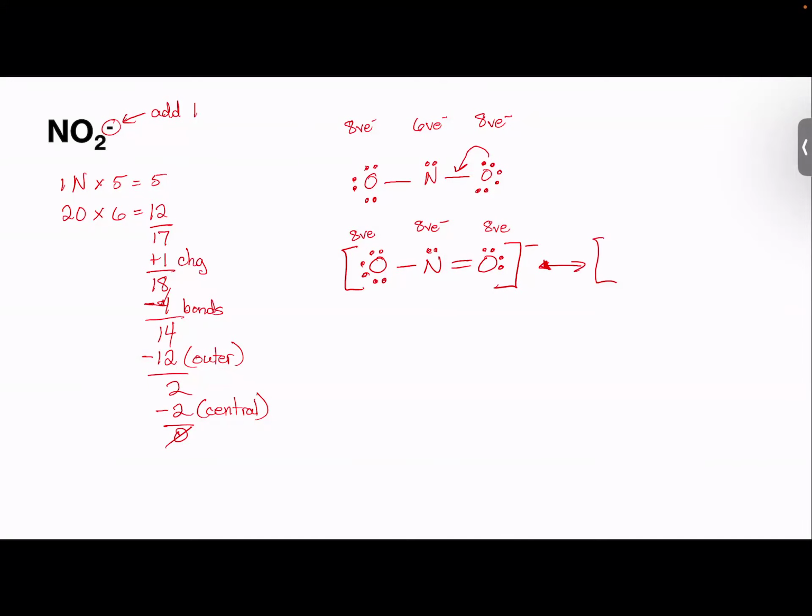And when you have a resonance structure, you must draw all forms of the resonance structure. And that resonance structure is going to be separated by a double-headed arrow. So this is the structure for nitrogen dioxide, or nitrite.